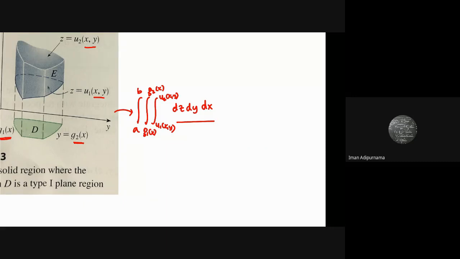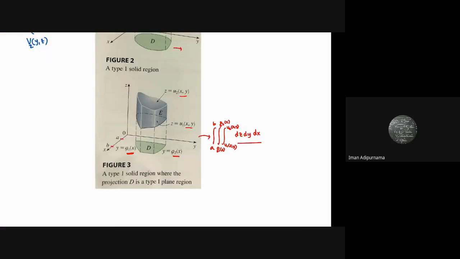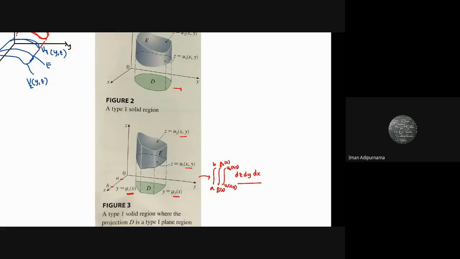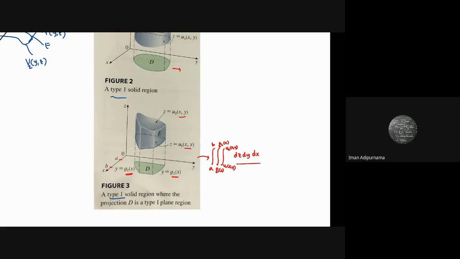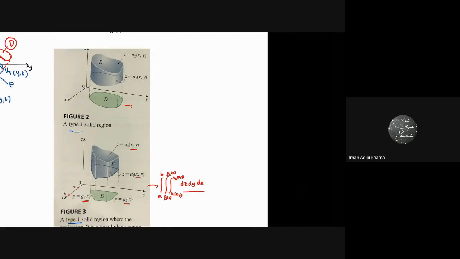Okay, so if you separate them, it becomes type 1, type 2, like this. Type 1, type 1, and then the projection is type 1, or maybe type 2. So type 1 projections, type 2 projections, or type 1 solid, maybe type 2 solid. So let me see. For a solid, it will have type 1, and there will be 3, right?